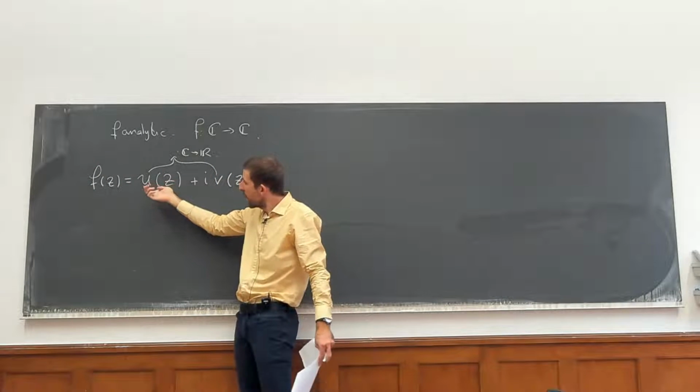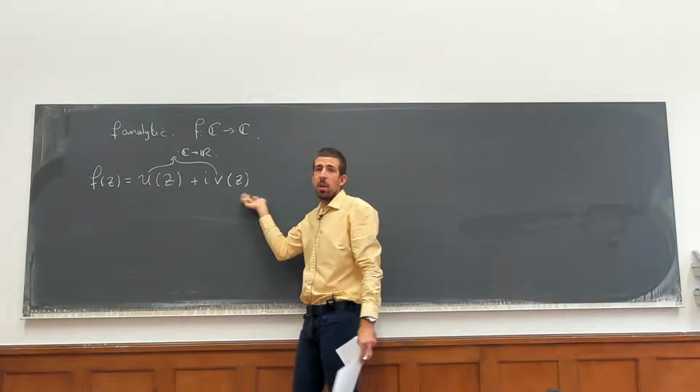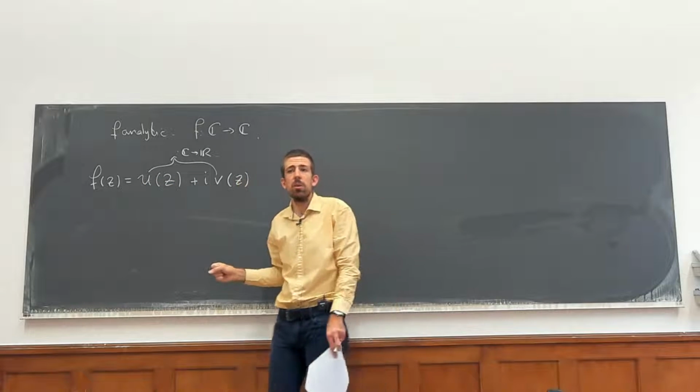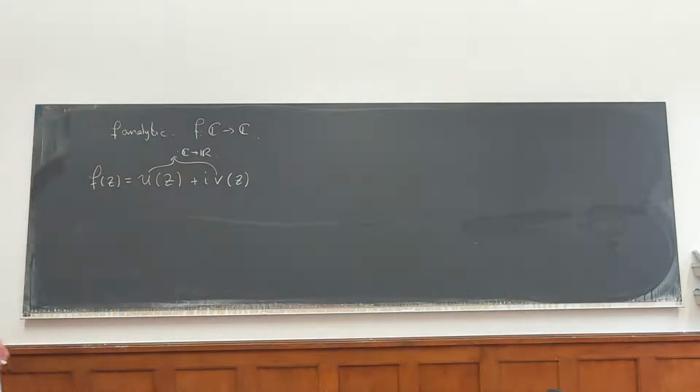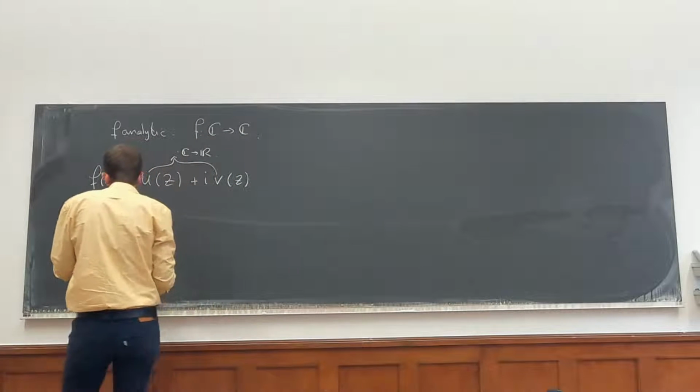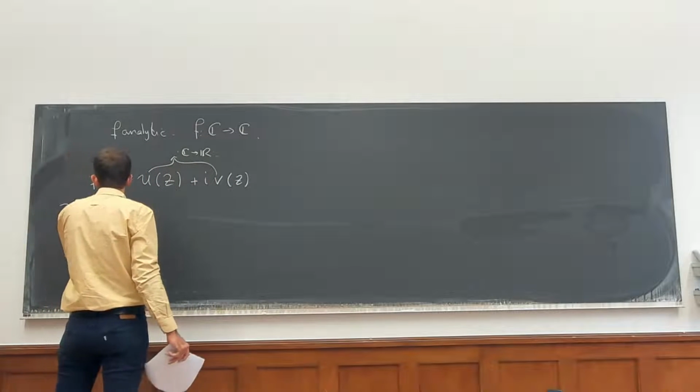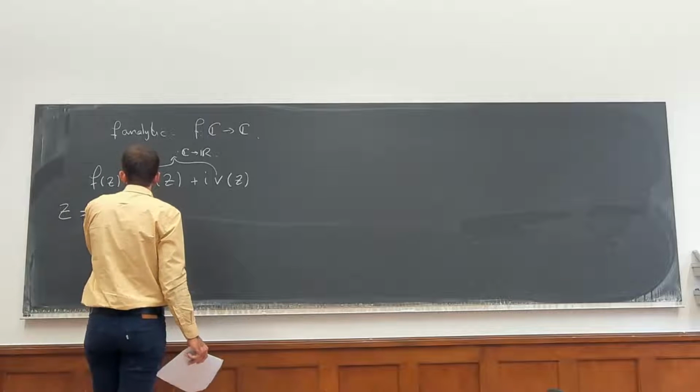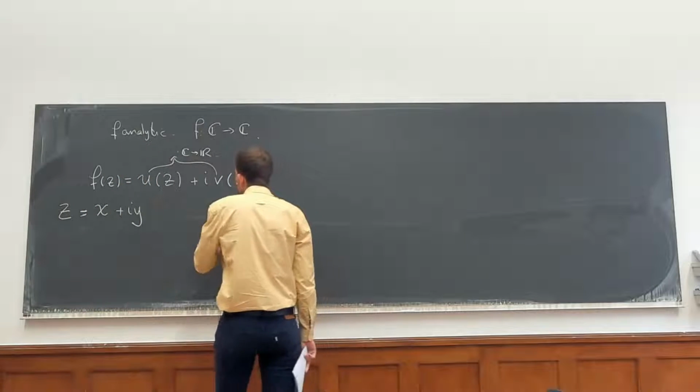I can just take the real part of f and the imaginary part of f, and they'll be differentiable in the sense of real functions taking two real numbers and outputting one real number. They are differentiable.